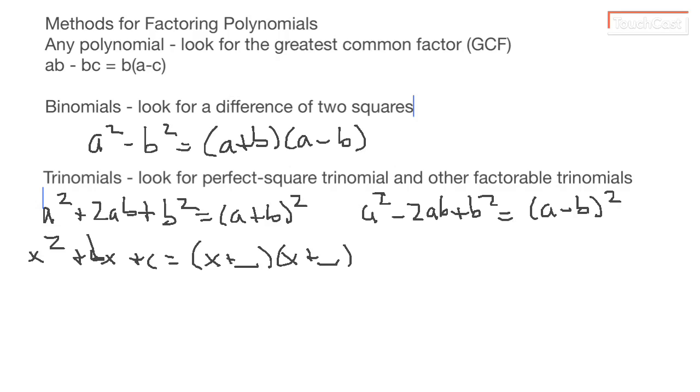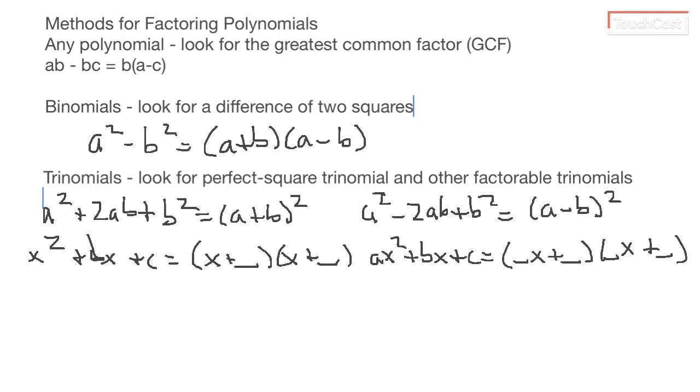If we have something in the form ax squared plus bx plus c, remember that's going to factor to very possibly a number times x plus another value times a different number times x, or maybe the same number plus another value.